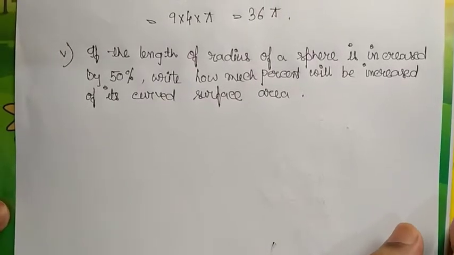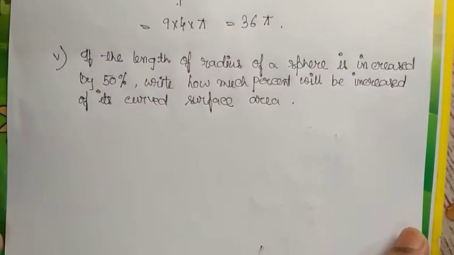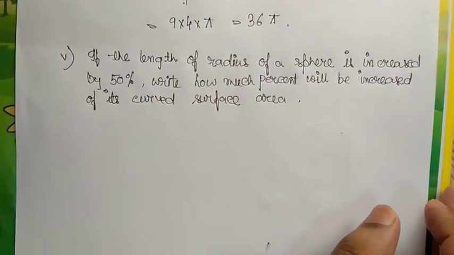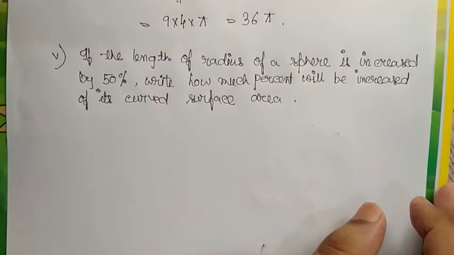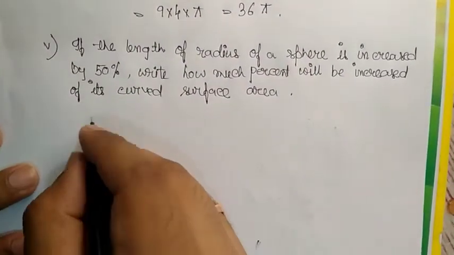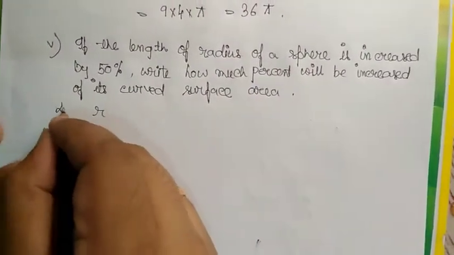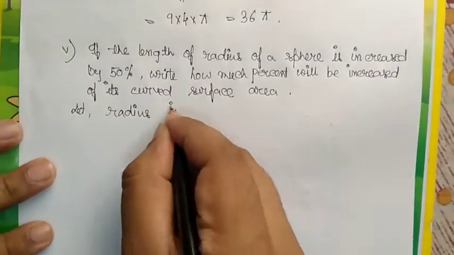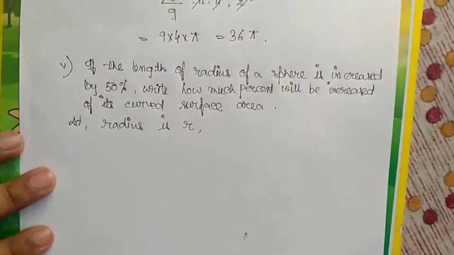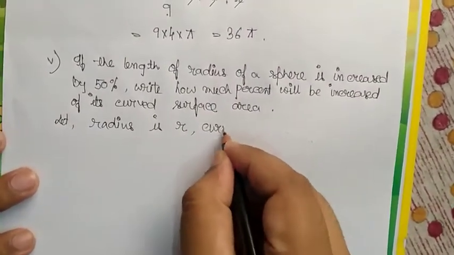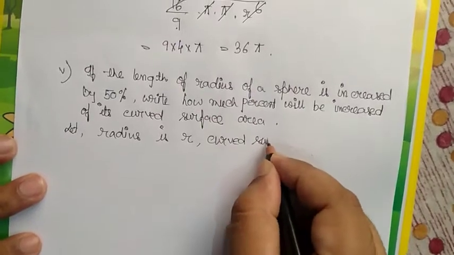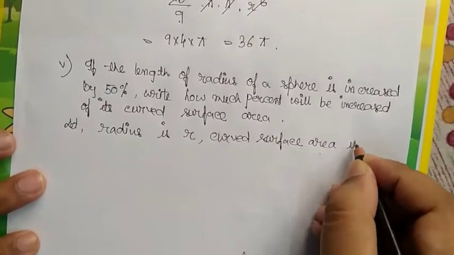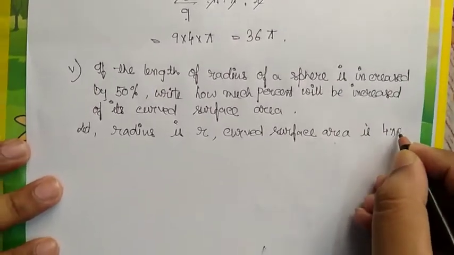If the length of the radius of a sphere is increased by 50%, write how much percent its curved surface area will increase. This is sum number 16 part 5. So let the radius be r and curved surface area is 4 pi r square.